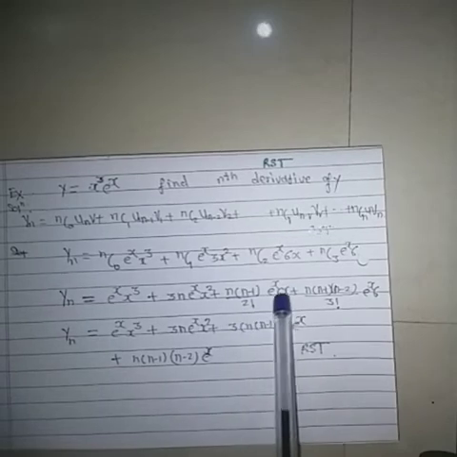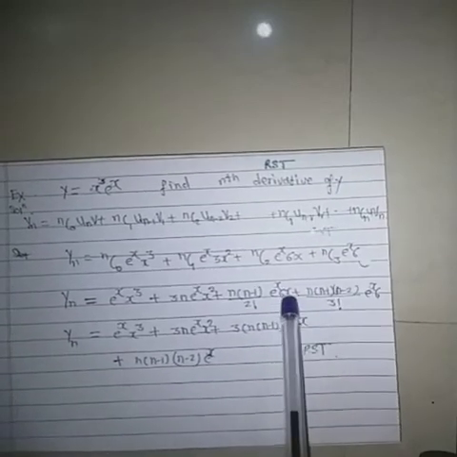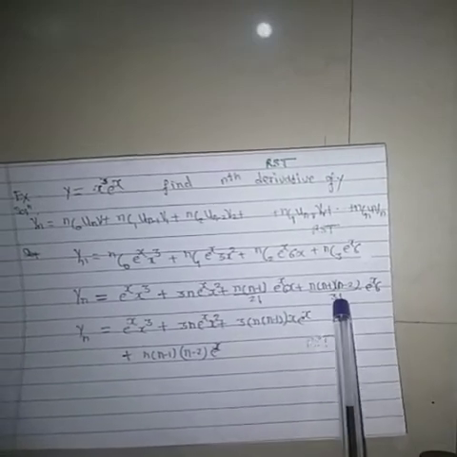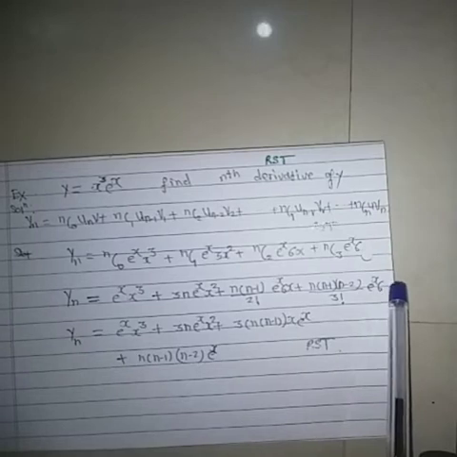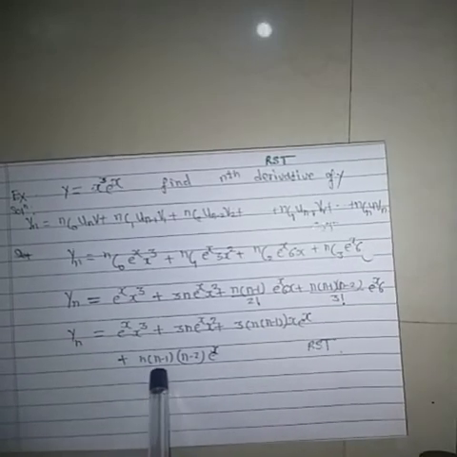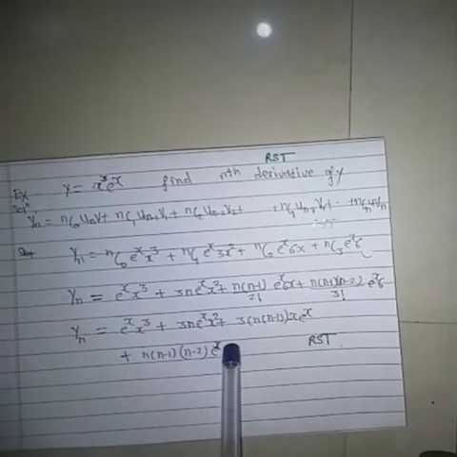After finally simplifying we get 3n(n minus 1) x e raised to x plus, here 3 factorial is 6, here 6 cancels with each other, so that we get plus n(n minus 1)(n minus 2) e raised to x.